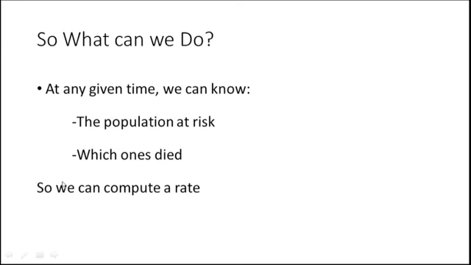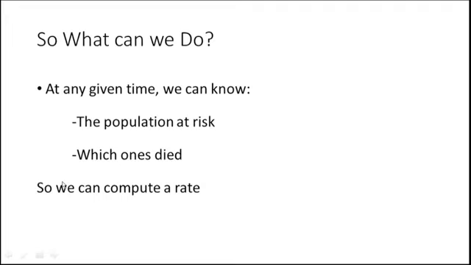So what can we do if the results are sensitive to that? Well, at any given time, I know how many people died in that time interval, and I know how many people in my cohort were still alive and therefore at risk of dying in that time interval.